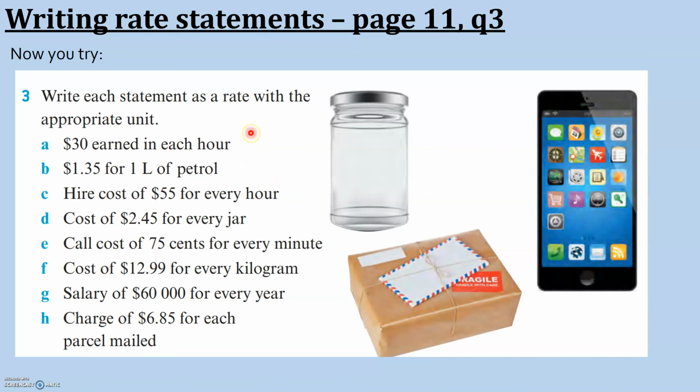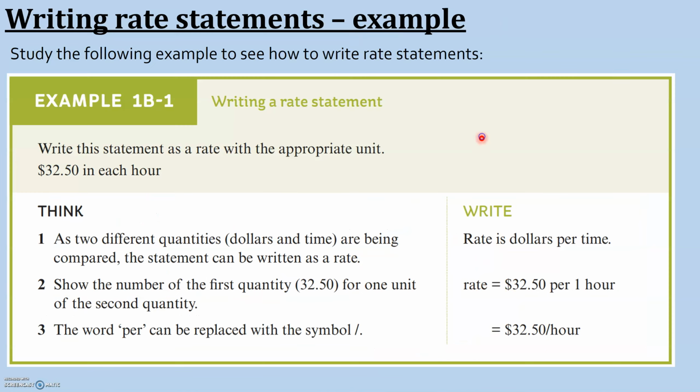All right, have a look at these examples. Your turn to write these as a rate. So what you're looking at for these is you want your final answer in this format here.